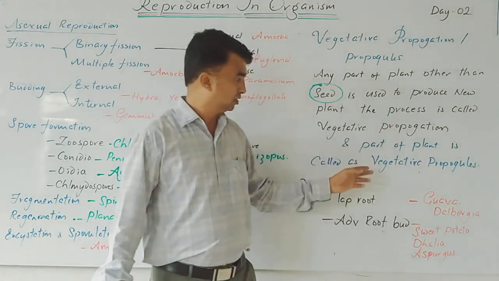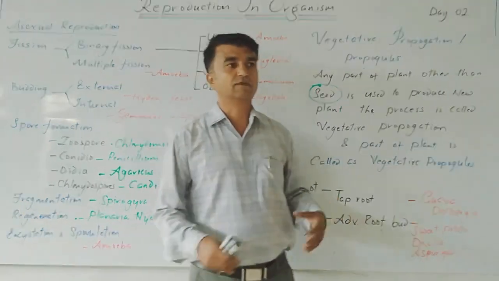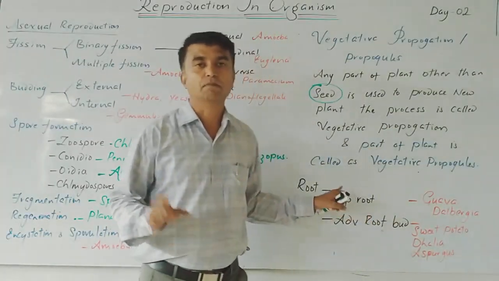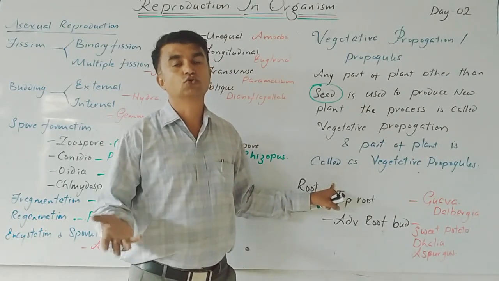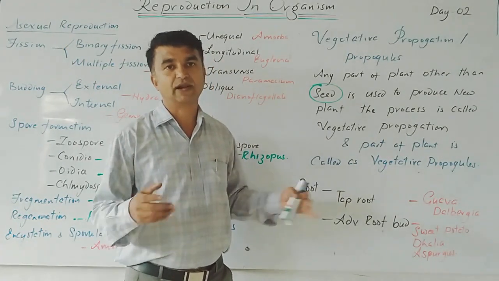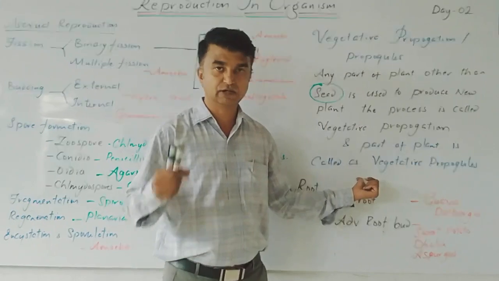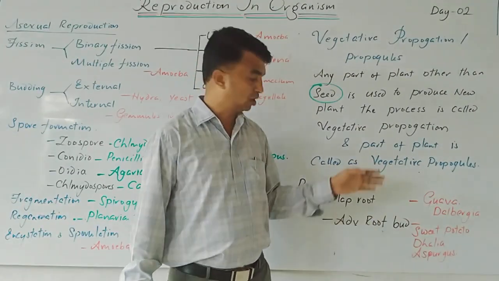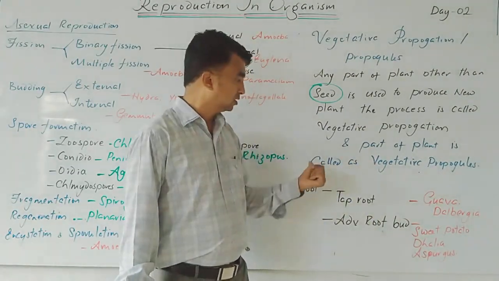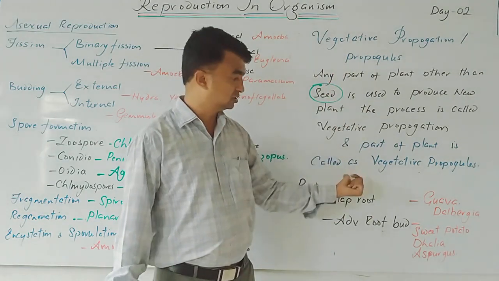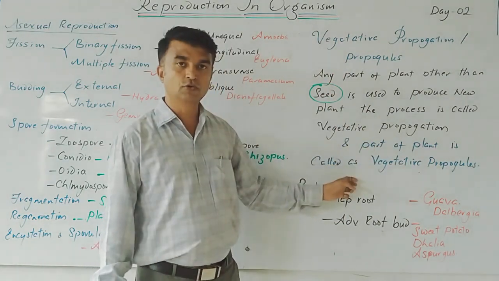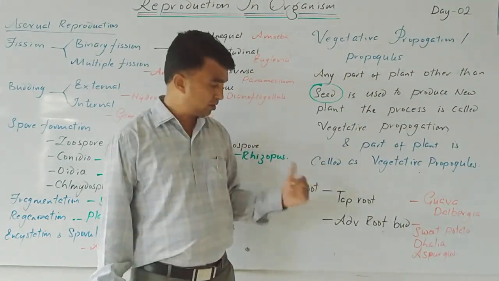Clear? In the NCERT textbook, some terminology is given: bulb, rhizome, sucker, offset, and so on. Examples are given, meaning only terminology is given. Now we are going to cover the same topic in detail. Vegetative propagation and vegetative propagules are both related.